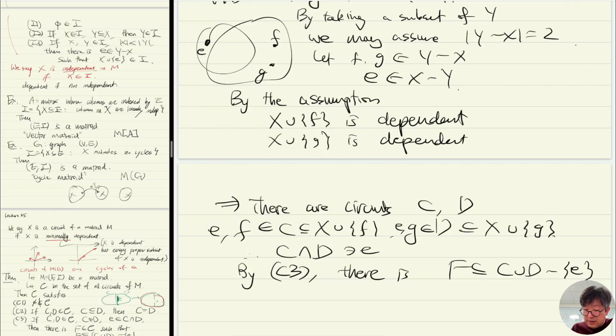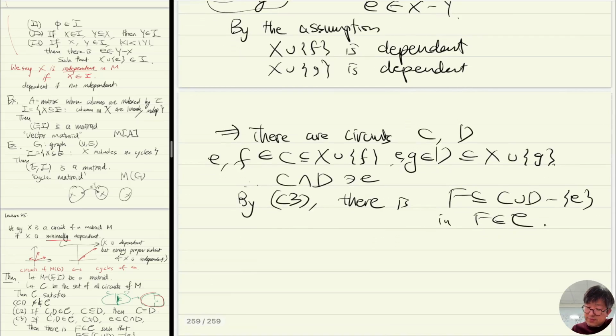Right. There is a circuit in C union D minus E. Alright, so what does that mean?